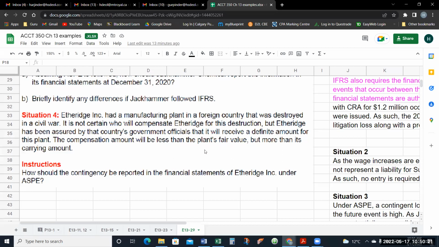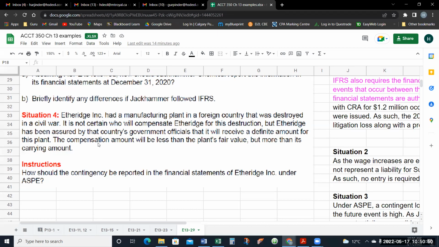So keep in mind, although the amount of compensation will be less than the fair value, the fact that it will be more than the carrying amount of the plant and equipment means that from an accounting point of view, when we record that fact in our books, there would be a gain on disposal.